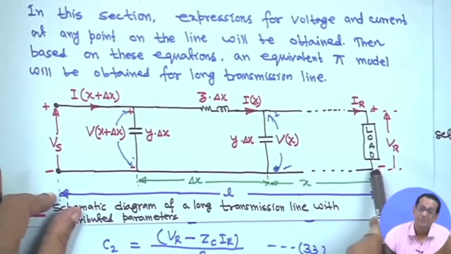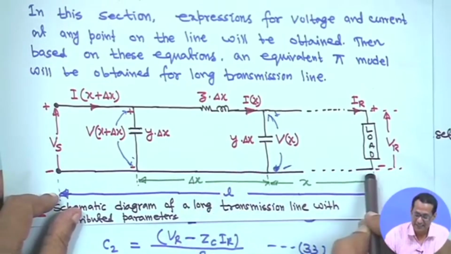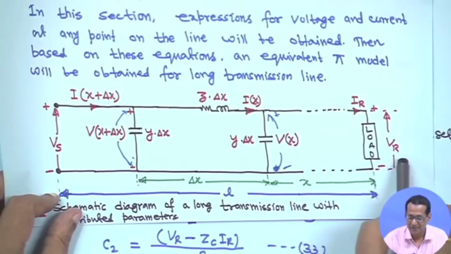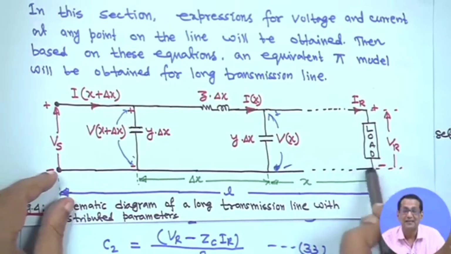Look at this diagram. This distance is measured from the receiving end. So, when x = 0, Vx will be Vr, that is V0 = Vr, that is here.